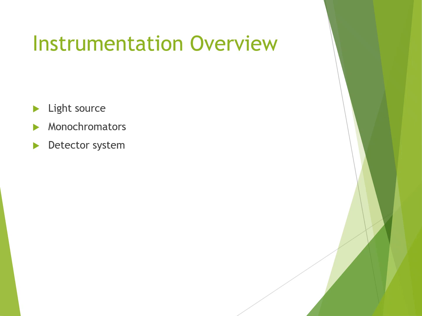The light source, monochromators and detector systems are very important in fluorescence spectroscopy. Two types of monochromators are used: one is the excitation monochromator and the other is the emission monochromator.